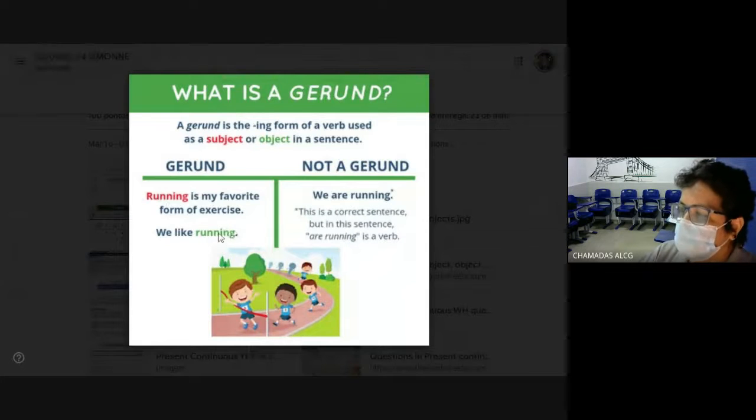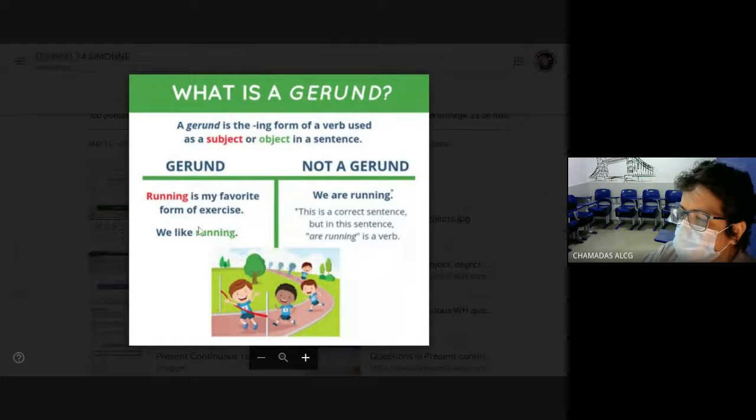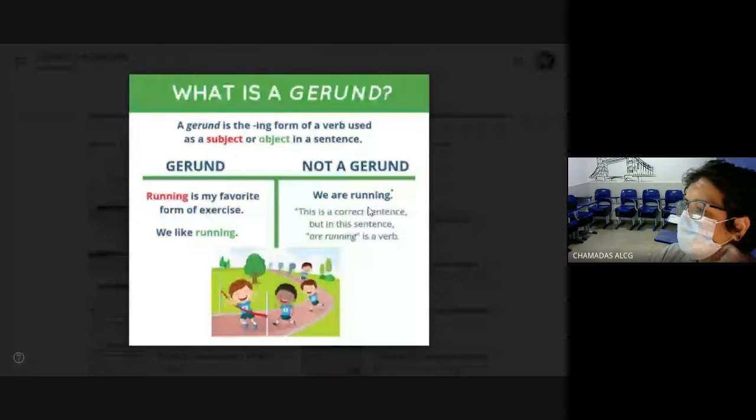Here, the verb with ing is being used as the object of a sentence, especially because I'm using a verb of emotion. Okay? Next one, look, not a gerund. "We are running." Now you can see, right? The difference. This is present continuous. This is a correct sentence, but in this sentence, are running is a verb. Okay?